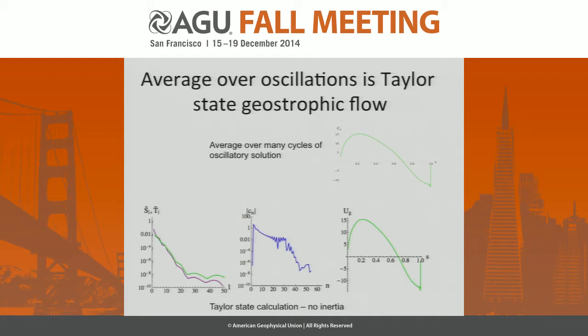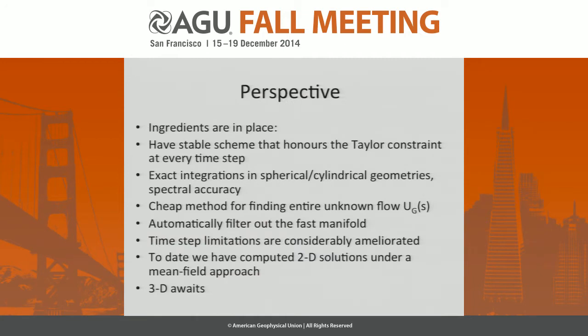So really the fast manifold, the fast solutions are largely irrelevant, but if you average over them, you get what you would have got if you were to ignore inertia altogether. So what we would say is that the ingredients are in place, just as Paul has said. We're making some progress here. We've got a stable scheme honoring the Taylor's constraint at every time step to machine precision.